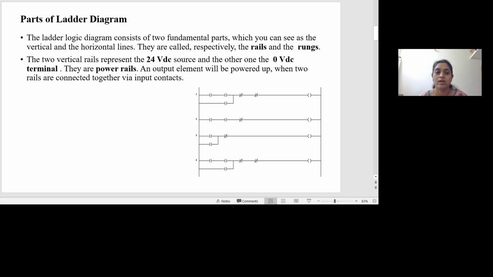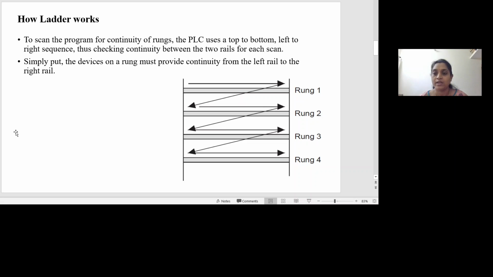That is dealt with in the working of the ladder diagram. The ladder scans the rungs from top to bottom. That is, first it will scan rung 1, later on 2, then 3, and at last it will scan 4.